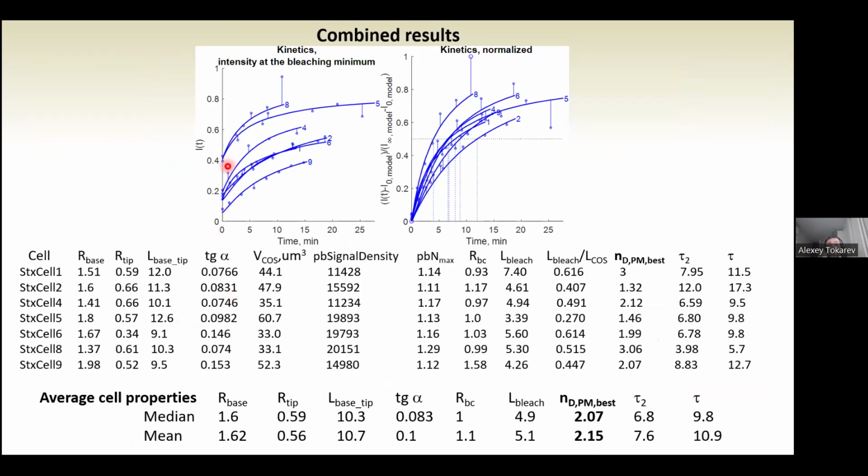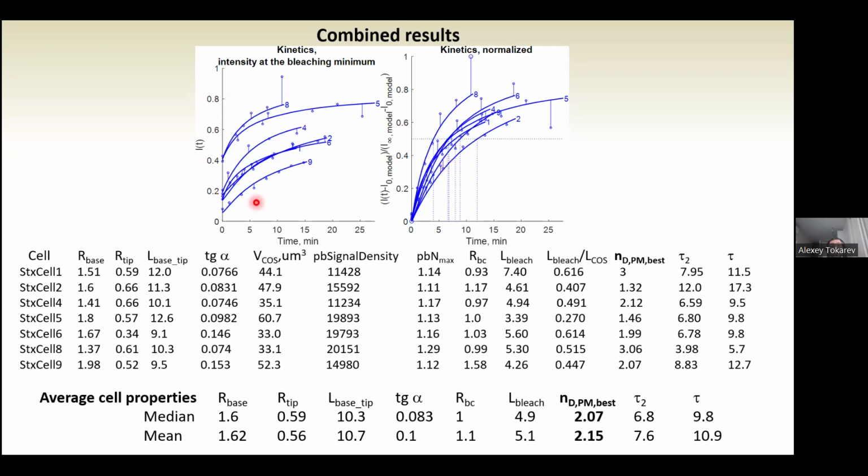We can normalize, for example, here all the kinetics in the bleached minimum to have the unit in infinity, and we see that after this normalization they become closer to each other. It was good for us, yes.